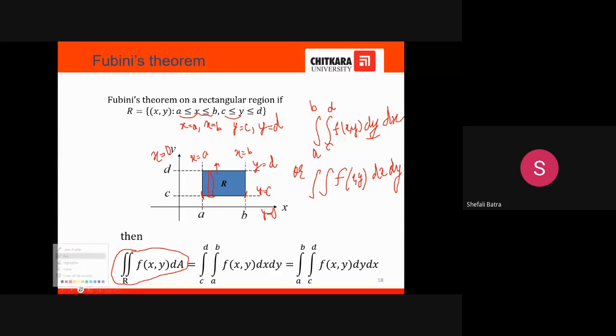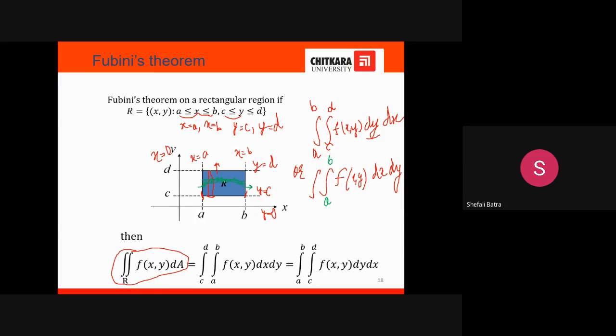So for this I'm taking a different color. This is your horizontal strip, starting from where? This is your lower limit and this would be your upper limit. So the lower limit would be a and the upper limit would be b.